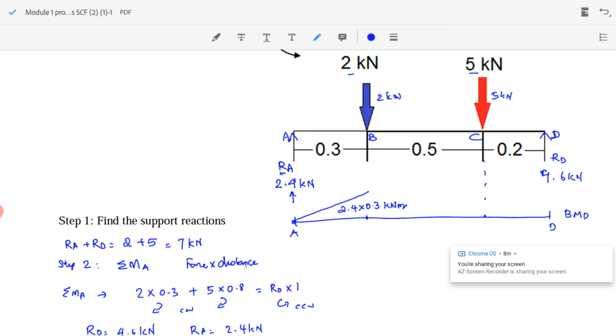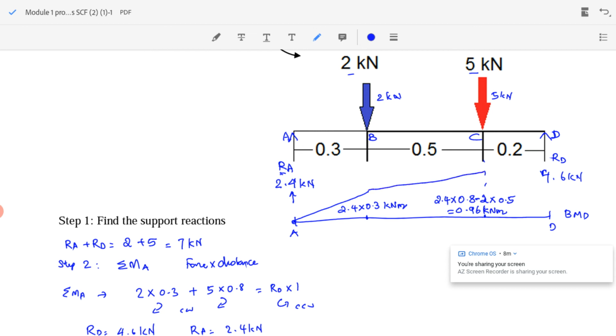To the left of point C, I have two forces, RA acting upwards and 2 kilonewton acting downwards. So bending moment at point C will be equal to 2.4 multiplied by distance 0.8, minus 2 kilonewton multiplied by distance 0.5. That value will be equal to 0.96 kilonewton meter.